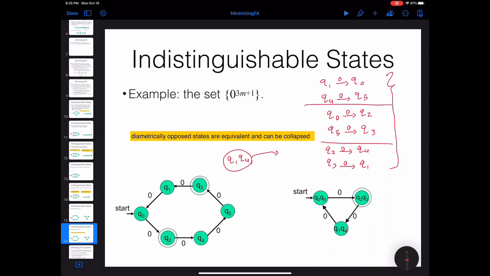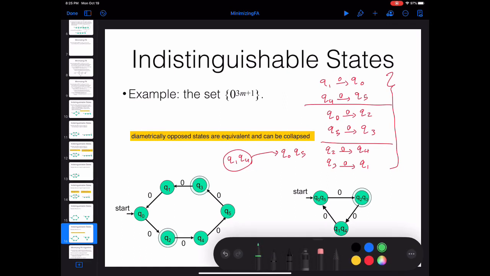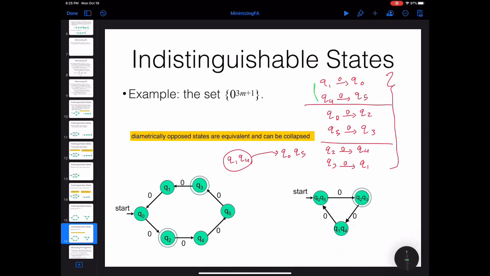This pair is going to depend on the equivalency of Q0 and Q5, right? So as you can see, Q1 and Q4 here are going to depend on this pair Q0 and Q5.